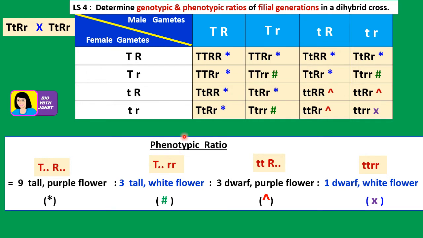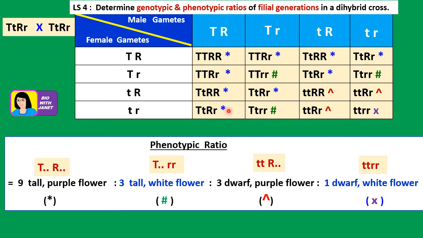So you can see here that if the male gamete has big T, big R, then all the offspring formed from the fusion of this male gamete with the female gametes will have at least 1 big T, 1 big R. So all these are tall with purple flowers. All right. Likewise, this way too. There's a female gamete with the alleles big T, big R. So all these offspring here are tall with purple flowers, right? Having at least 1 big T and 1 big R.